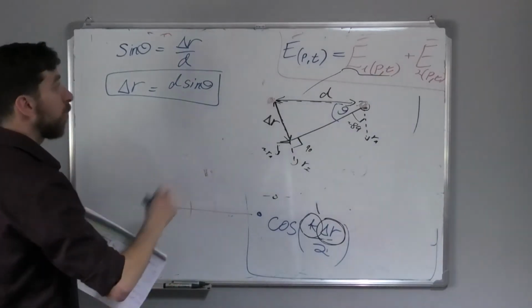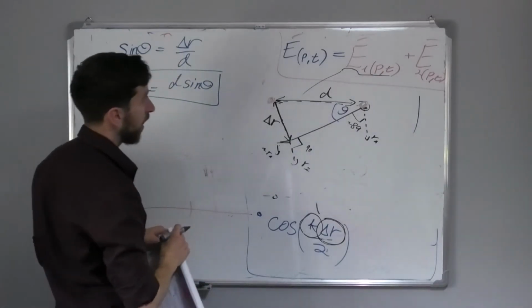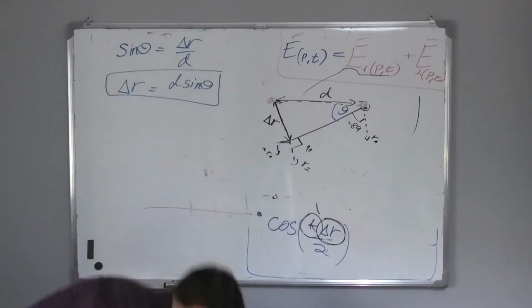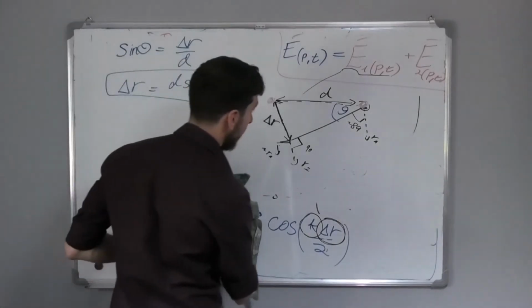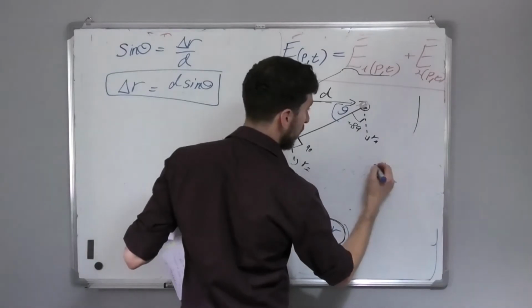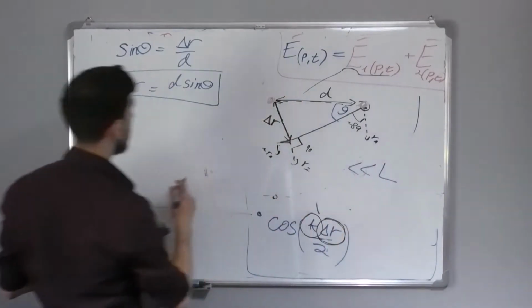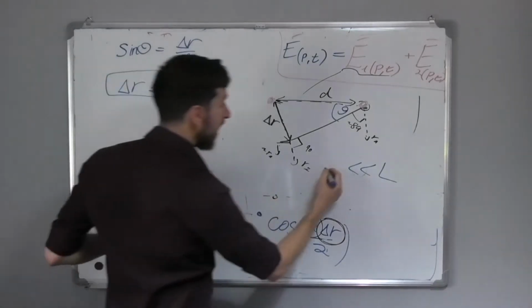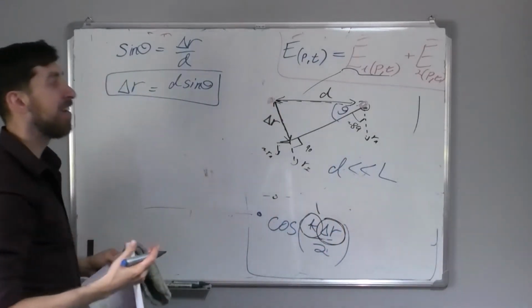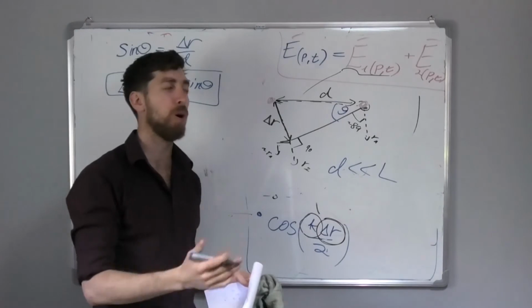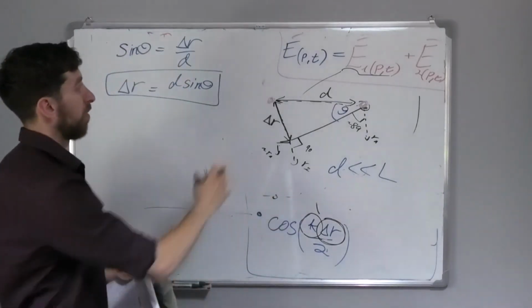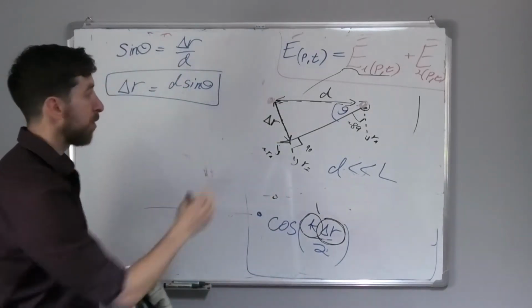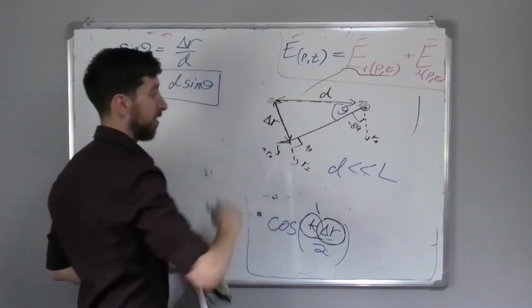And I could do this approximation due to the reason that L, remember L was the distance between the light and the board, right? So L is so big, so long, the beam needs to go so far away compared to this distance D between the two slits, right?